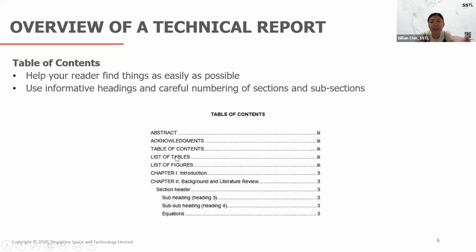Each section is clearly labeled. You have a good background, so you can see introduction, background, and literature review, and then it gets broken down into smaller sections. Subsections actually help if your literature review, which I will talk a little bit more about later, is quite chunky. A literature review is usually a very wordy part of your report.